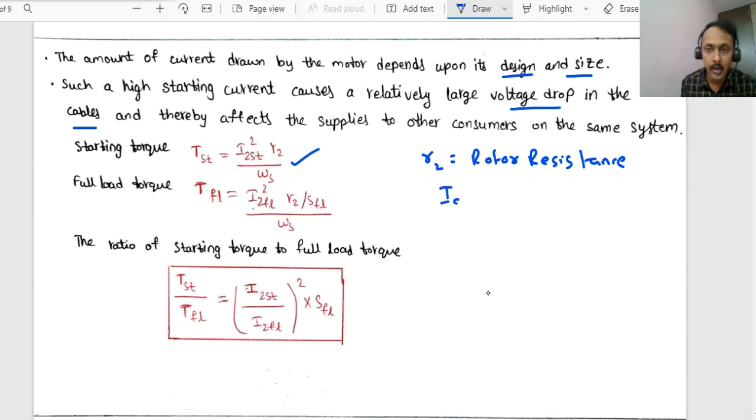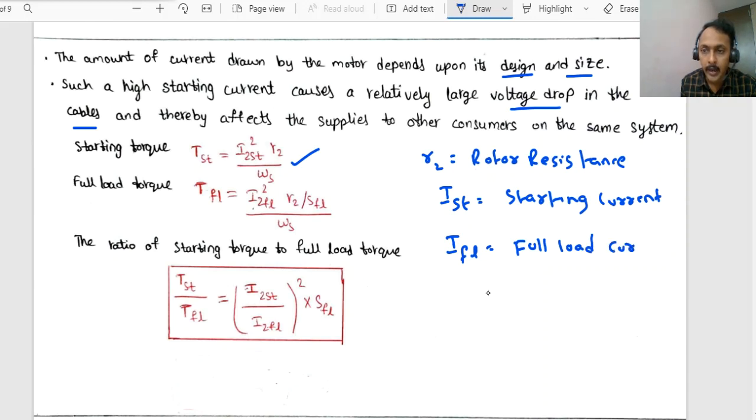IST indicates the starting current. IFL indicates the full load current, that is, the amount of current drawn when the full load is applied on the machine.